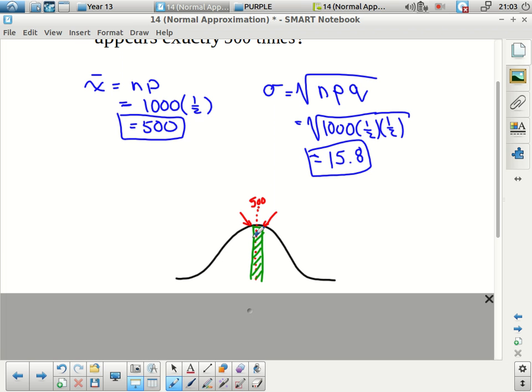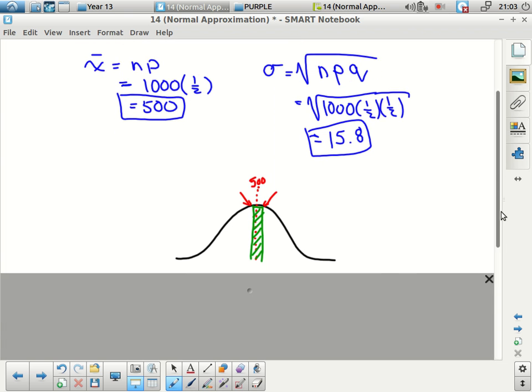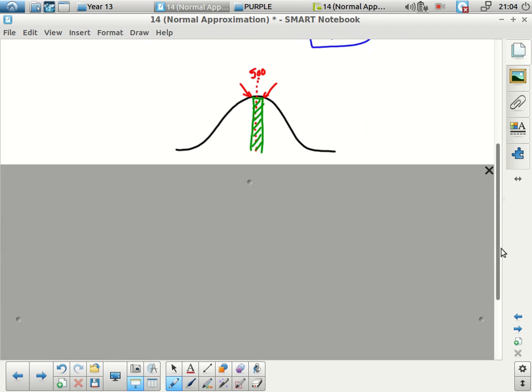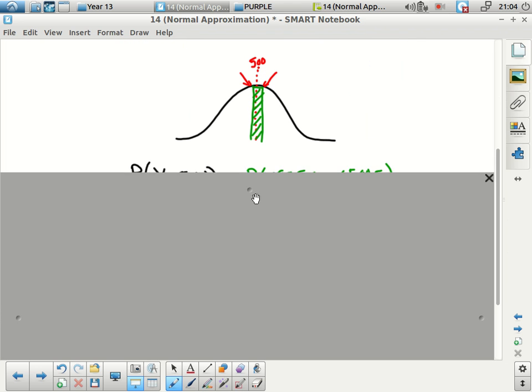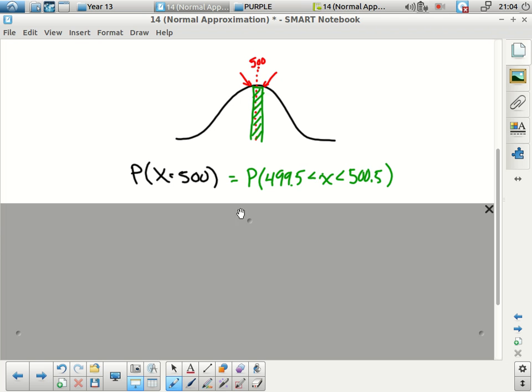The shaded area between those two, which we talked about yesterday how to get, will give us our probability for 500. So my next step is to convert this into a range. I'm really looking for the probability that x lies between 499.5 and 500.5.